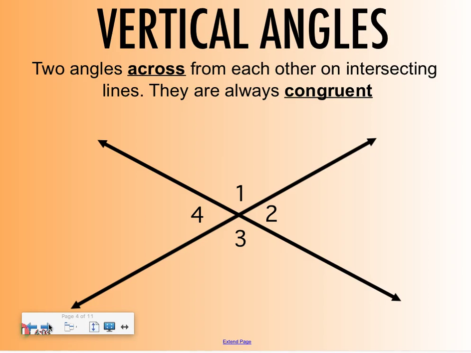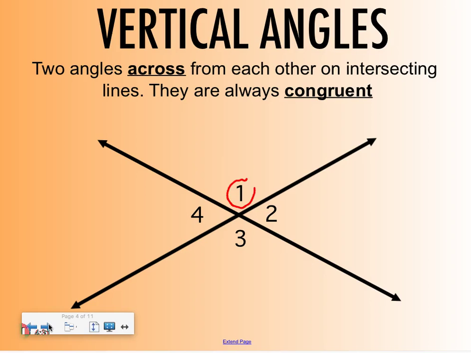Okay, vertical angles are two angles across from each other when lines intersect. So let me draw that in for a second, then we can talk about it. So we actually have two pairs of vertical angles here.